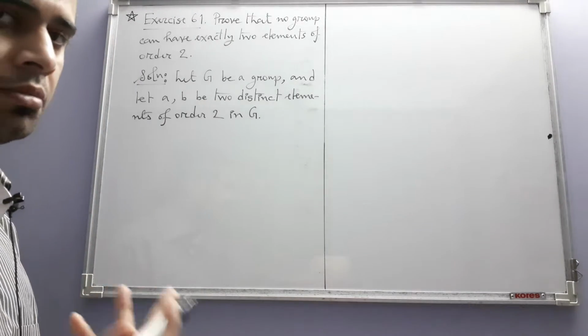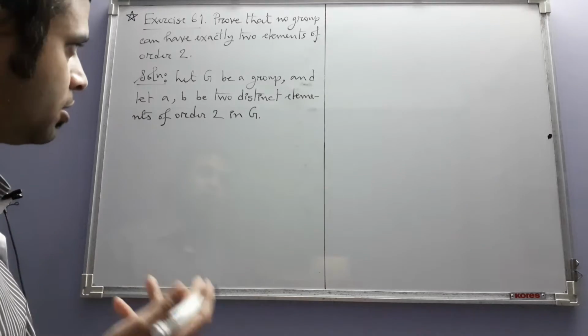Besides A and B, there will be another element of order 2 in G.